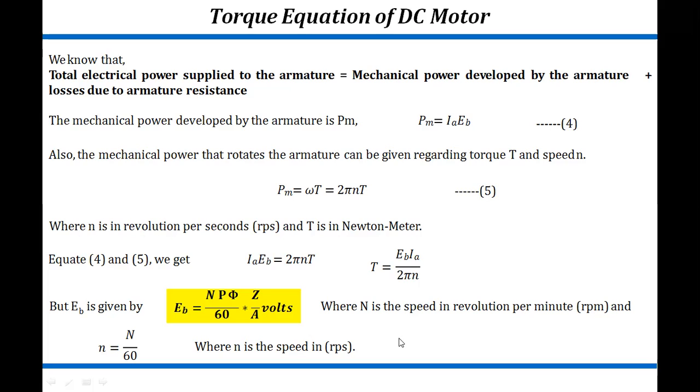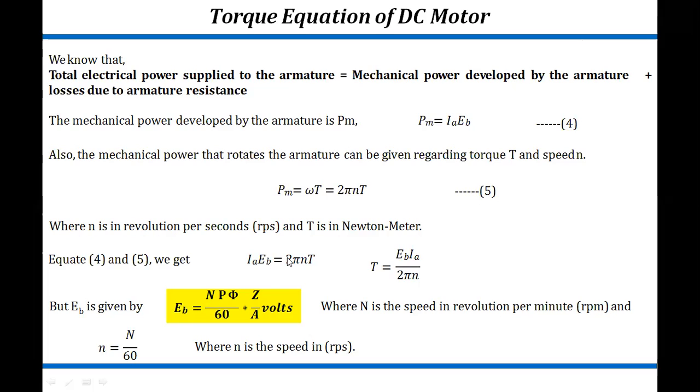And when we do exactly the opposite function of the DC generator, we call that EMF a back EMF, because if you see the working of the DC motor, that EMF works in the opposite direction to the supply voltage. Just because of this reason, we are calling that EMF a back EMF.